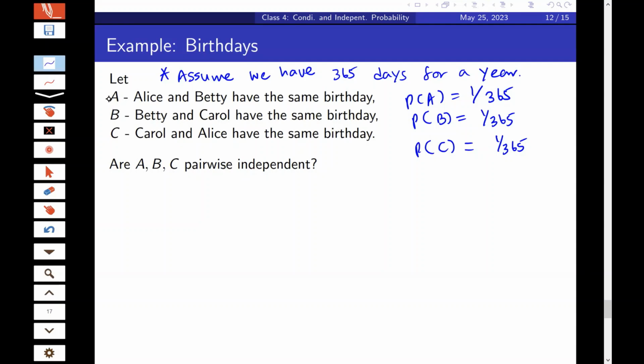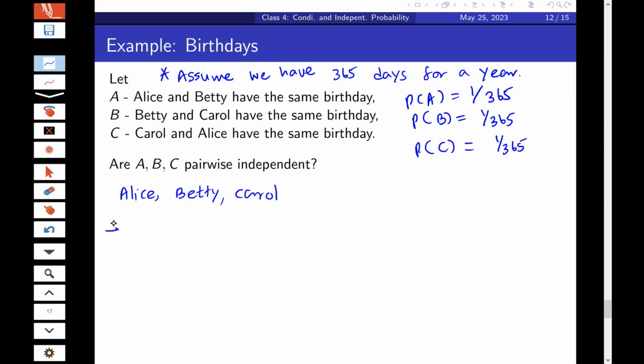That means we have to check whether A and B are pairwise independent, A and C are pairwise independent, and B and C are pairwise independent or not. So we have to consider all 3 pairs. Before starting, I'm going to write this: we have Alice, Betty, and Carol. We have only 3 persons.